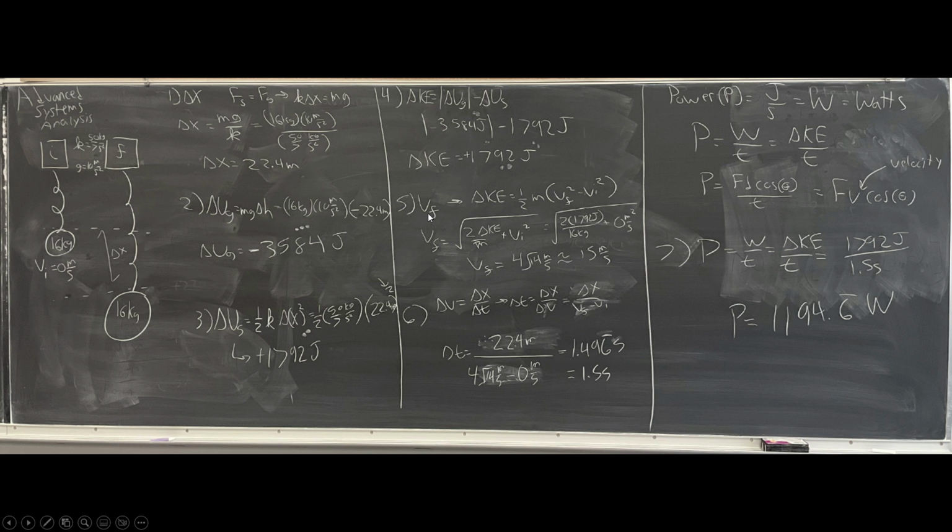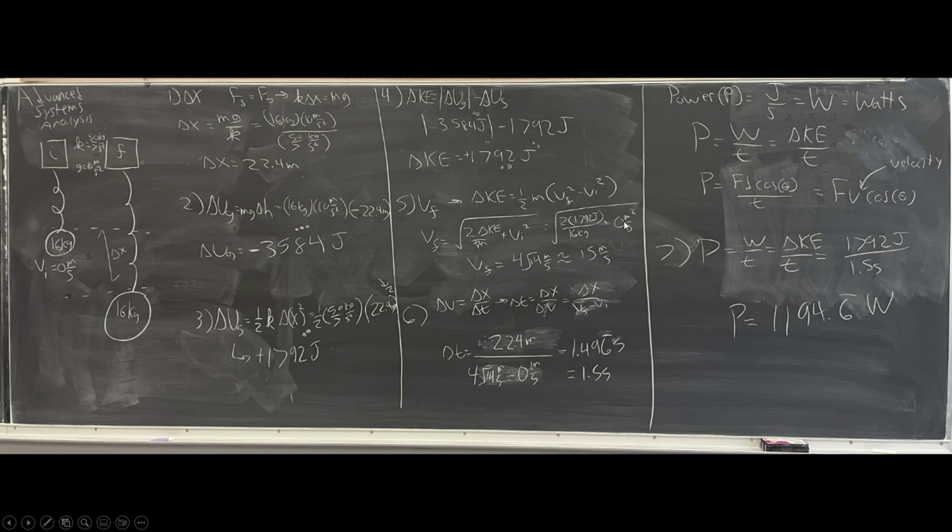Next thing we can solve for is our final velocity because we were given an initial velocity. Delta KE equals 1/2 mass times parenthesis V final squared minus V initial squared parenthesis. Therefore, what we end up getting is velocity final equaling the square root of VI squared plus 2 times the change in kinetic energy over mass.